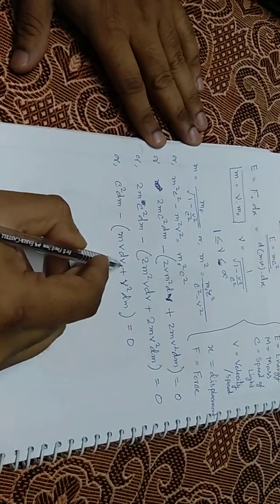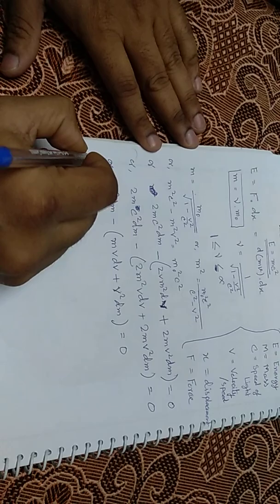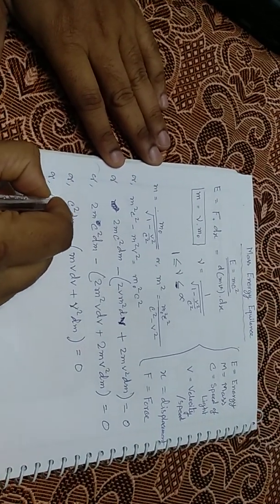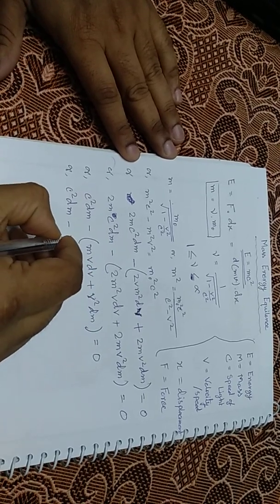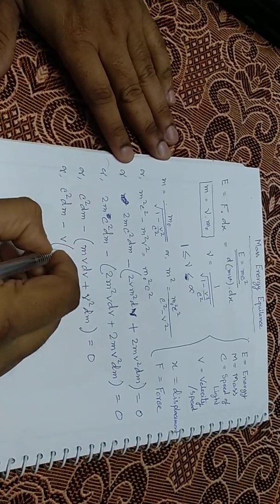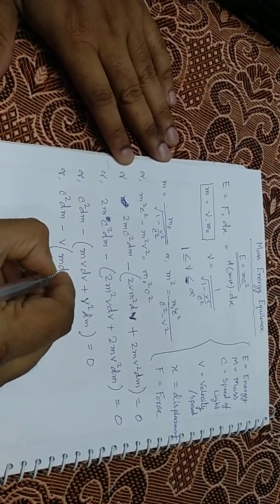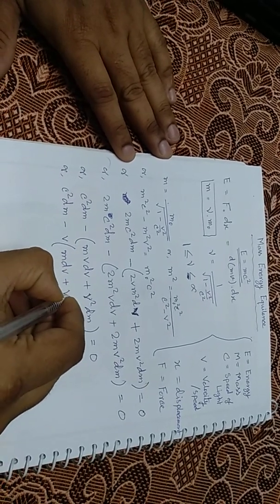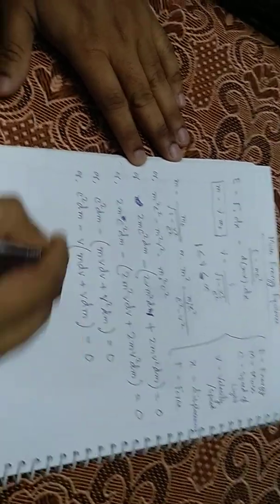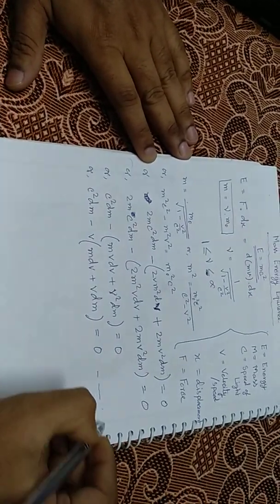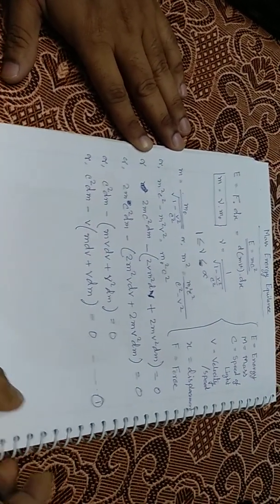Now we can take v as common in this term, then we have c square dm minus v times (m dv plus v dm) equal to 0. Let's call this equation number 1.